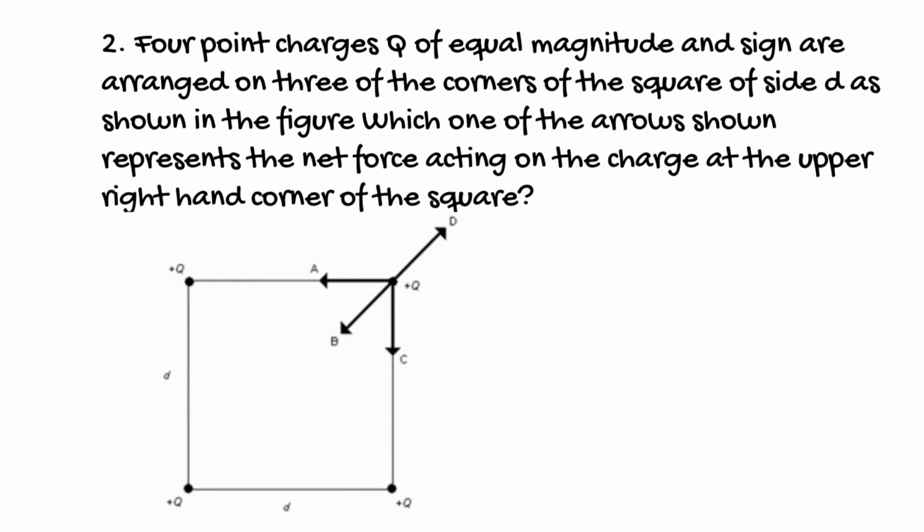So actually you have 4 point charges, all plus Q. Is it A, B, C, or D? What represents the direction of the net force on that charge at the upper right hand corner? That is the question.